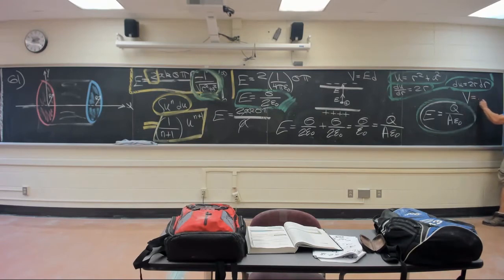V, or delta V, equals E times D. E times D is Q over A epsilon naught times D, so Q D over A epsilon naught.